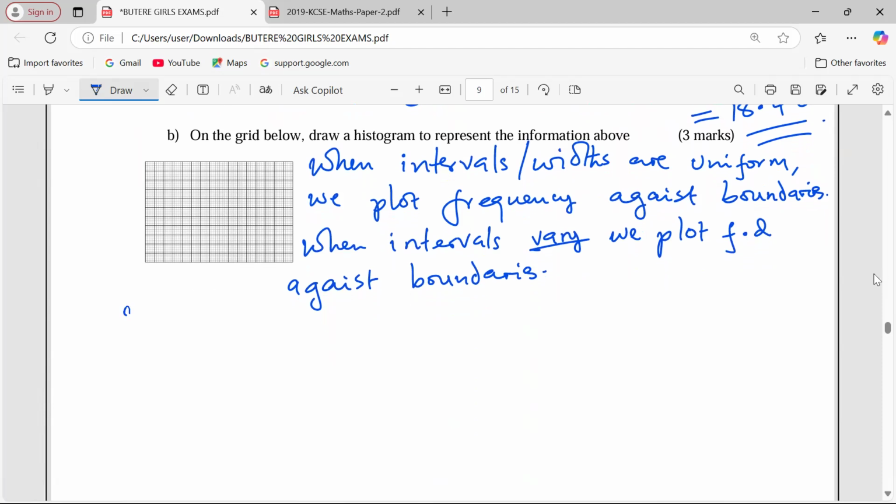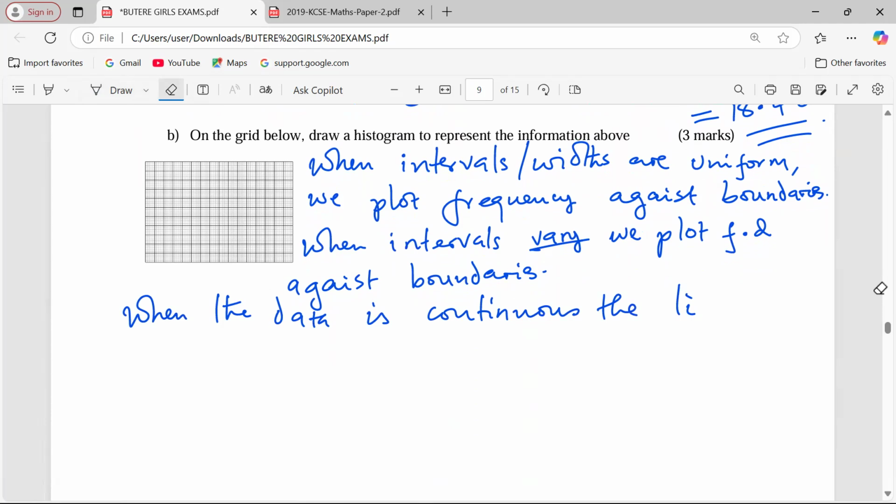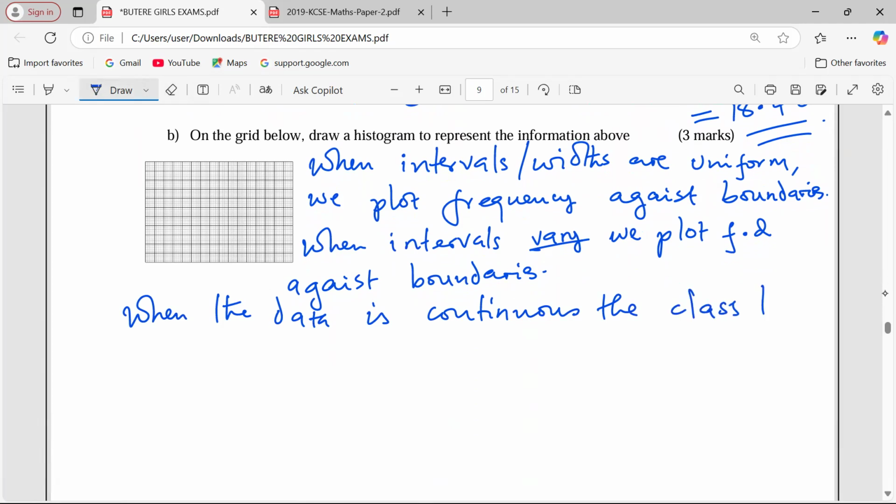So when the data is continuous, the limits, or the class limits, let me introduce that word, the class limits are also the class boundaries.